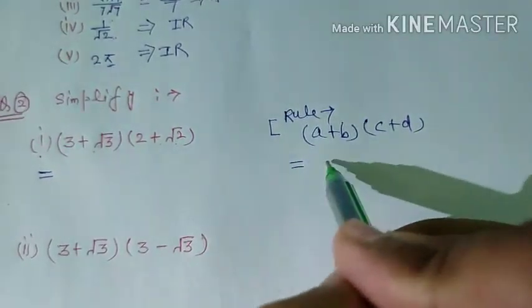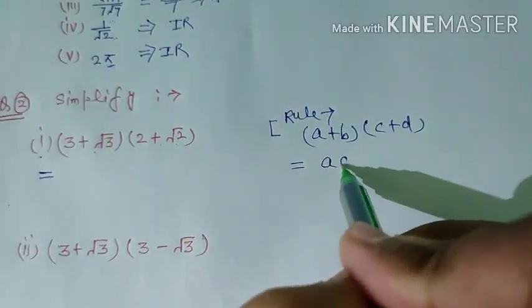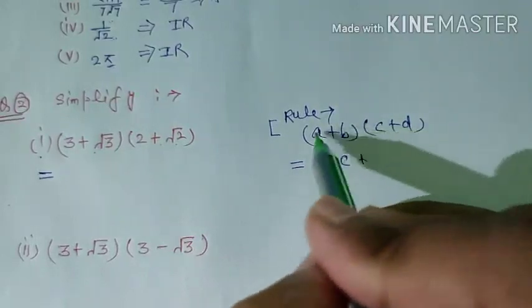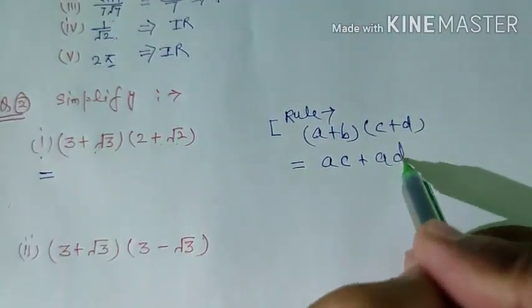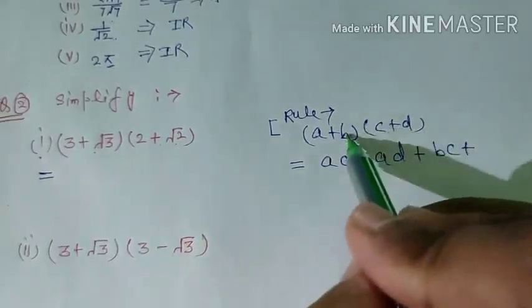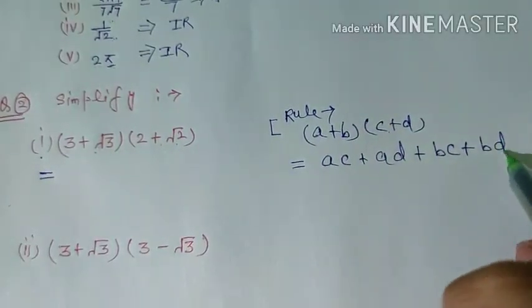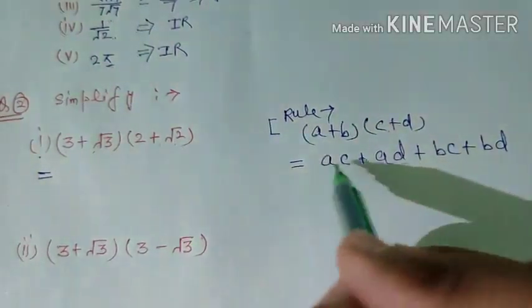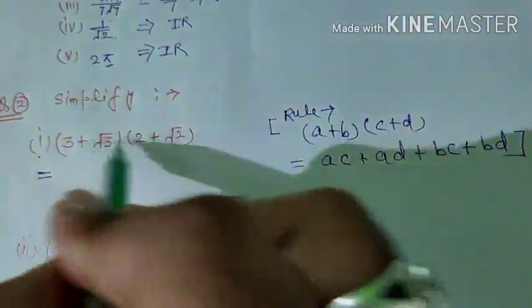We can write this as ac plus ad plus bc plus bd. Now I'm applying this rule here.